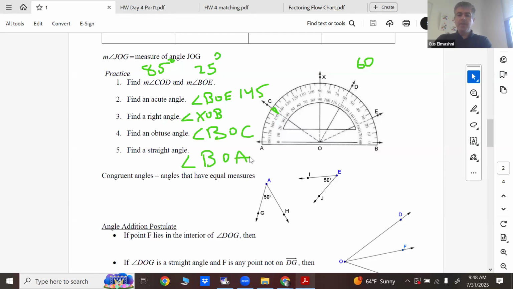Okay. Congruent just means the same. So you'd write it like this, by the way: angle GAH, and we do this symbol here, a little squiggly line with an equal sign, angle JEI.